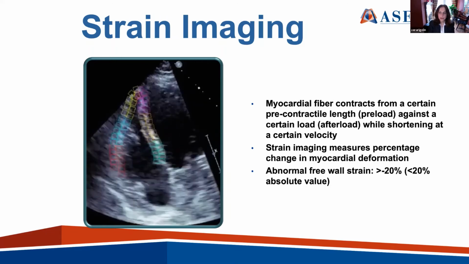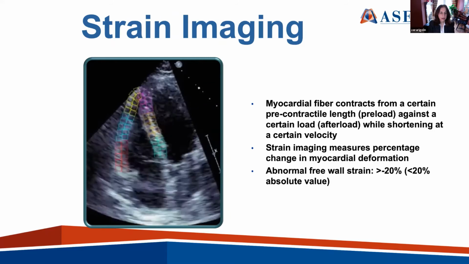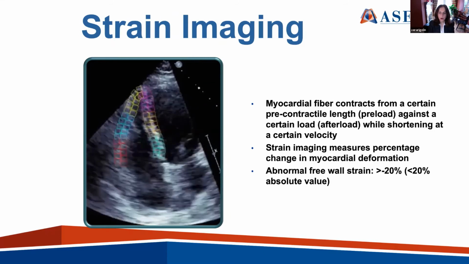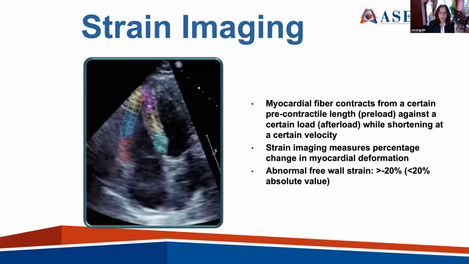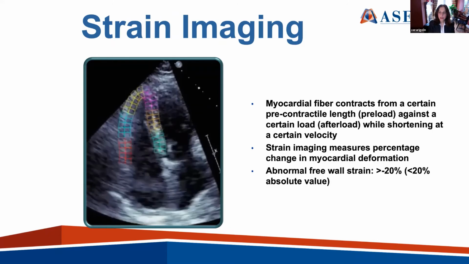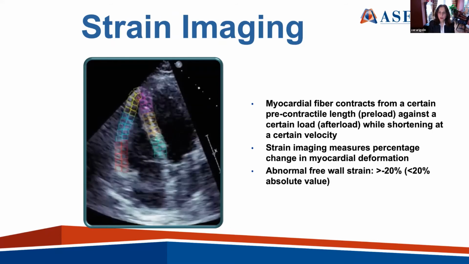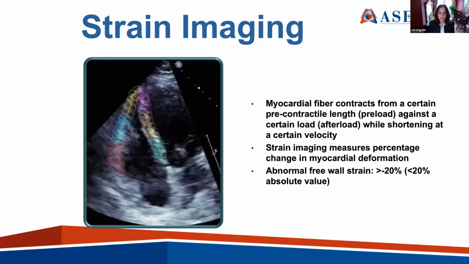Strain imaging has less tethering effect and may therefore provide a more accurate assessment of right ventricular function. Now, the myocardial fibers contract from a certain precontractile length against a certain load while shortening at a certain velocity. And that's what the strain imaging is actually measuring.